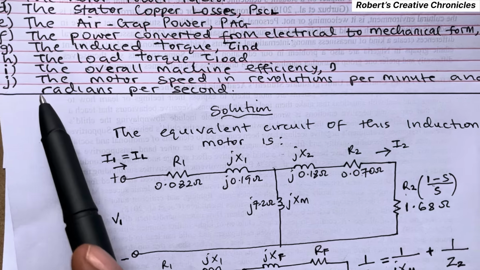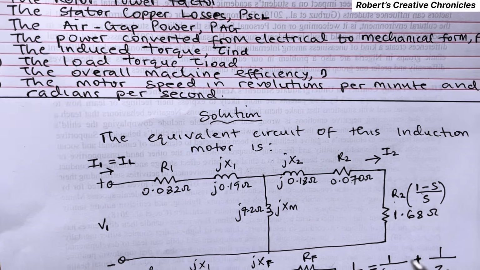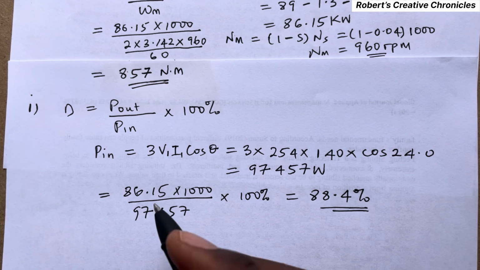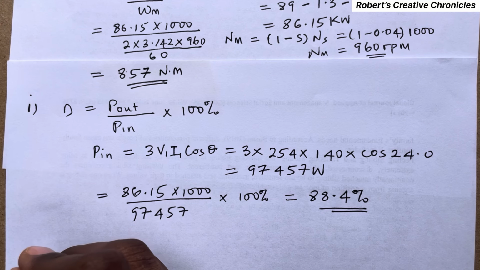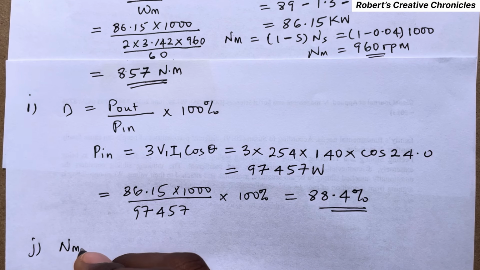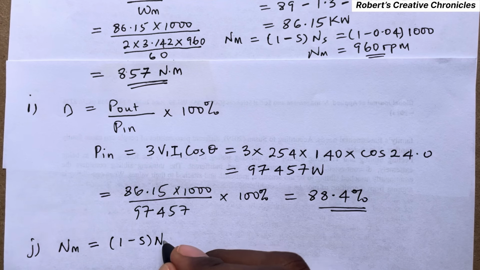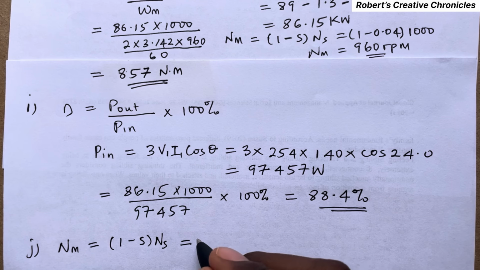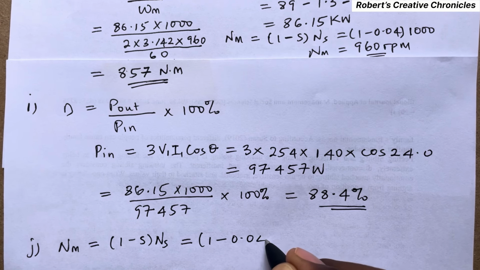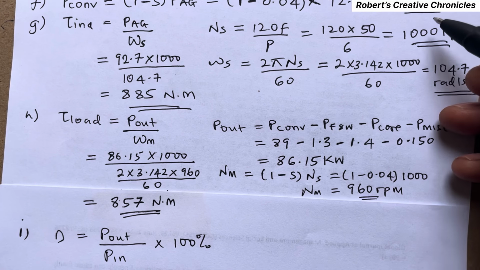So now J, the motor speed in revolutions per minute and radians per second. The motor speed in revolutions per minute is given by 1 minus s times the synchronous speed, which is 1 minus 0.04 times 1000 rpm.